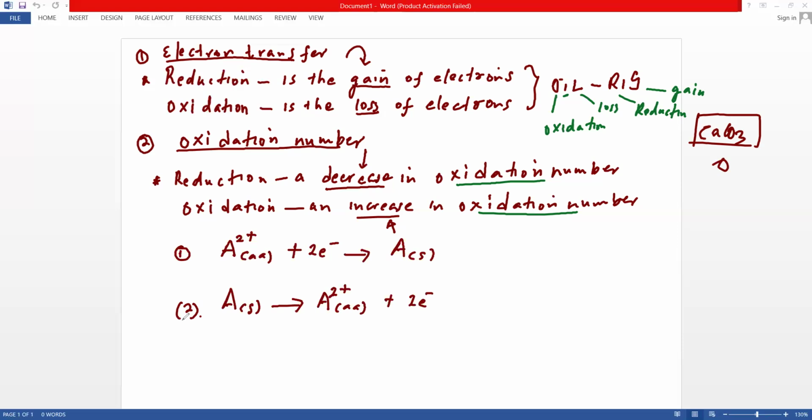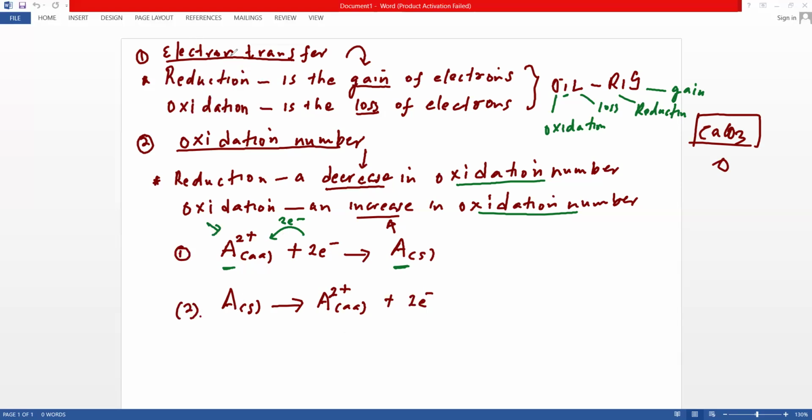If we were to look at this in the context of reduction in terms of electron transfer, you will realize from the reaction that this ion has actually gained 2 electrons to form A as a solid. So you can easily see that this substance has gained electrons.